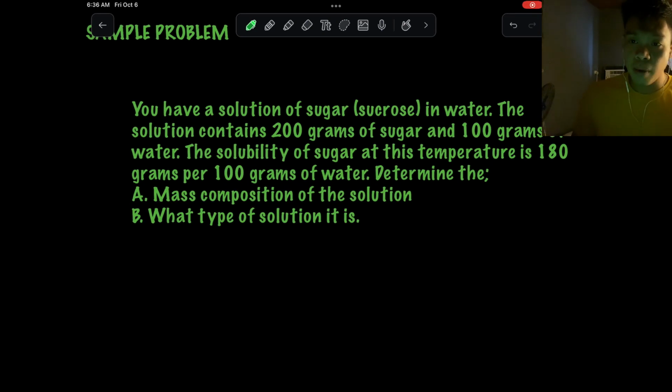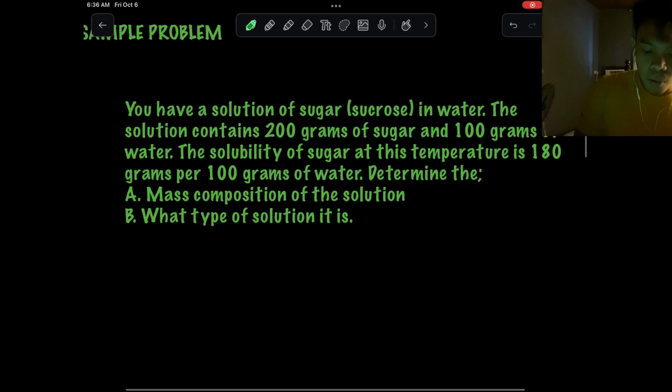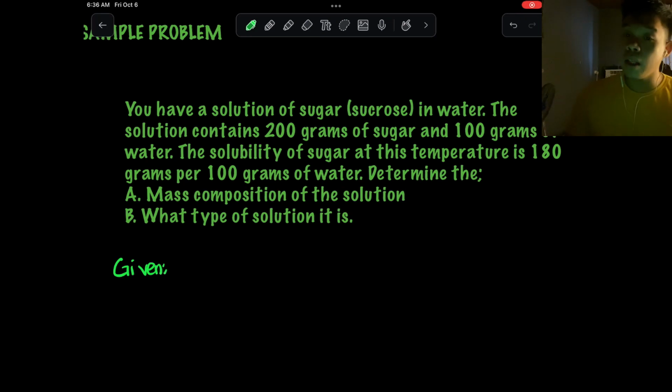Let's begin with our process in solving the problem. First is providing the given. What are the given data in our problem? In our given, we have 200 grams of sugar and 100 grams of water.